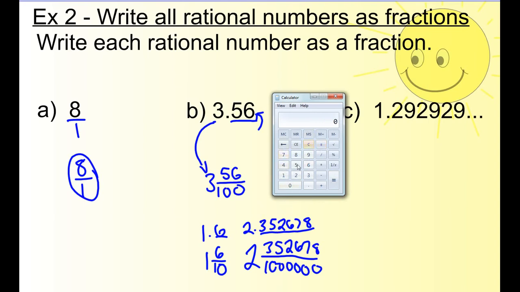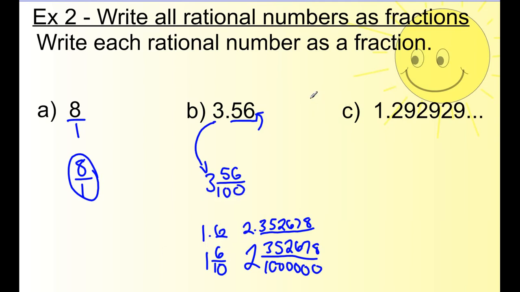Clear. 352678 divided by 1 followed by 6 zeros, 1, 2, 3, 4, 5, 6, 0.352678. So in every case I've shown you, if you take a 1 followed by that many zeros on the bottom, that will give you your terminating decimal as a fraction. And this works for terminating decimals.